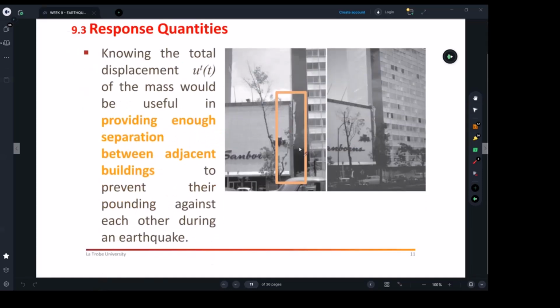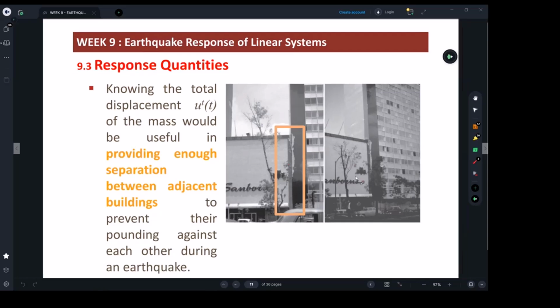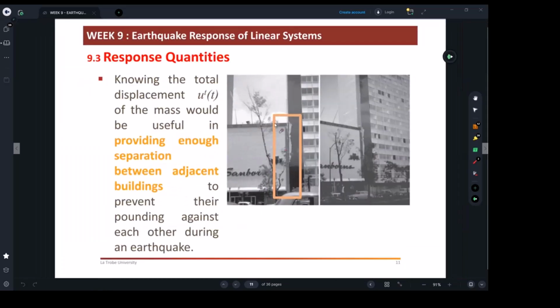All right, that's just an example to show the importance of determining the displacement, and where we use it practically. If you need to assess a building, maybe a heritage building next to a newly developed building, you have to show the verifying engineers, or prove to the council, that whatever ground excitation happens, this building will not bump into or impact the neighboring properties and get them damaged.